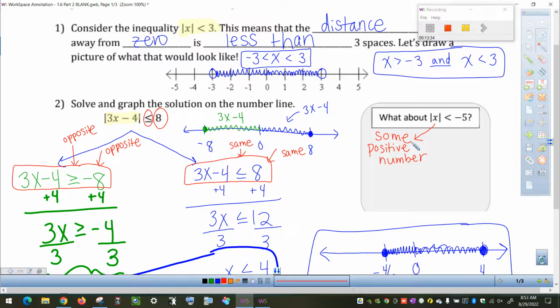And so this statement here would never be true. And so we can actually use the same thing that we did on the board when we talked about equations. This one is going to be no solution again. A positive number would never be less than a negative number.